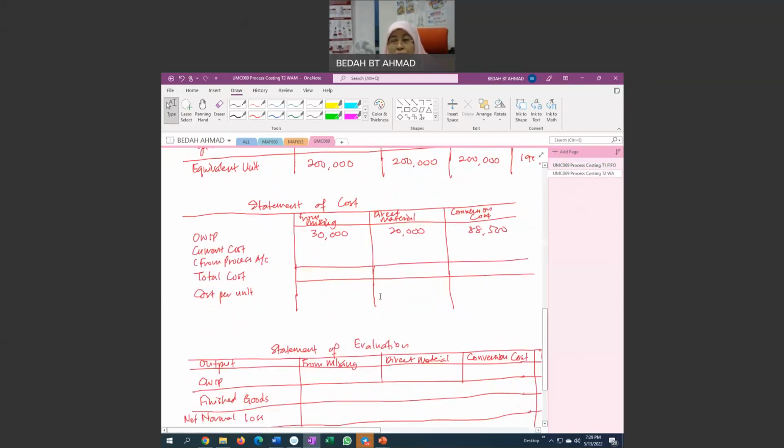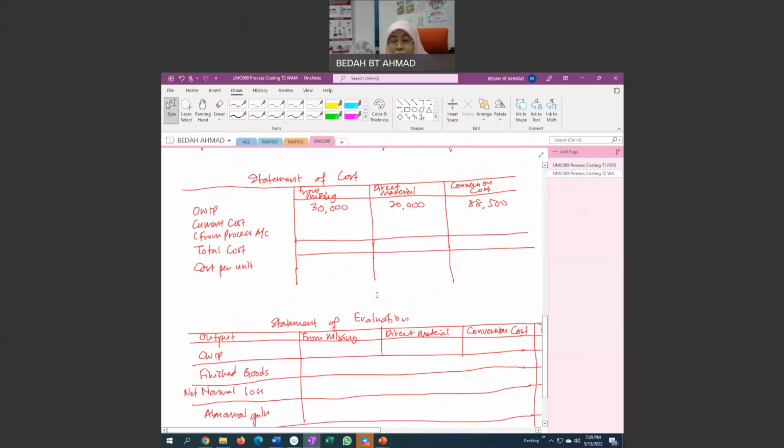So for the weighted average, since we don't identify which units of input to complete first, we need to separate the opening work in progress from the current cost.